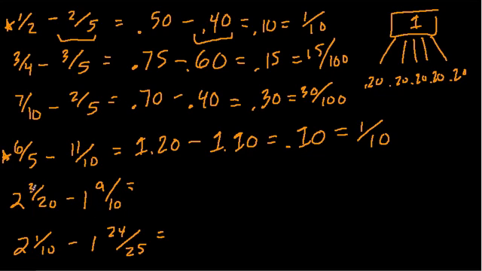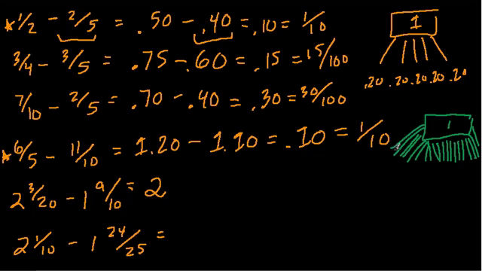Now we have 2 and 3/20 minus 1 and 9/10. Well, the whole number 2 is $2. 3/20, what's a 20th? Well, let's take our dollar analogy again. You take a dollar, but this time you cut it into 20 different little pieces. So think, what goes into a dollar 20 times? A mystery number times 20 equals 100 pennies, or a dollar.